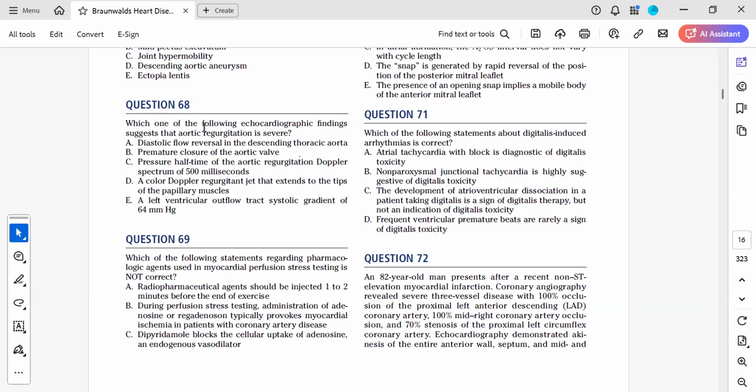C. The development of atrioventricular dissociation in a patient taking digitalis is a sign of digitalis therapy, but not an indication of digitalis toxicity. And D. Frequent ventricular premature beats are rarely a sign of digitalis toxicity.